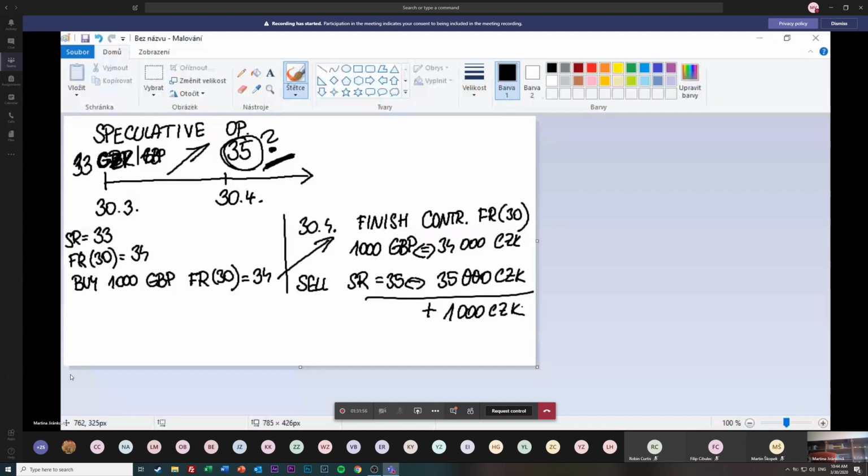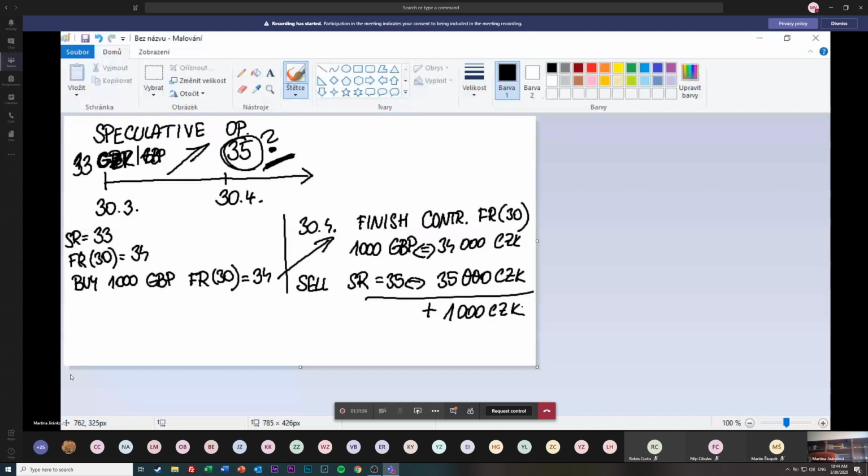Now I have 1,000 Great Britain pounds, and my speculation was right. The spot rate is 35. So I can immediately sell, so that means I will get 35,000. I have the profit, plus 1,000 Czech crowns.